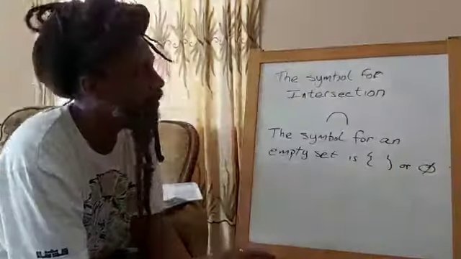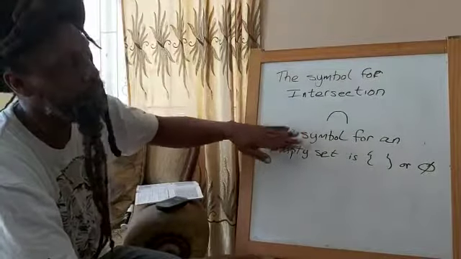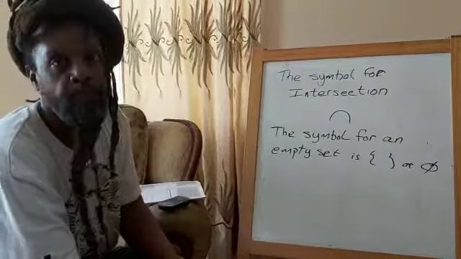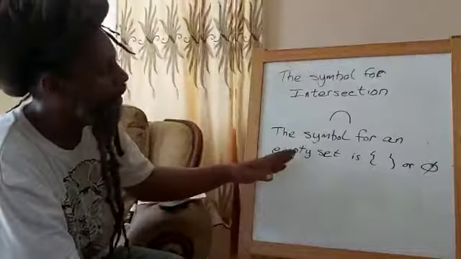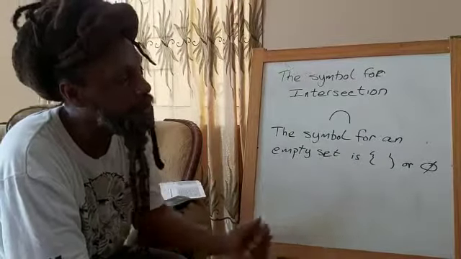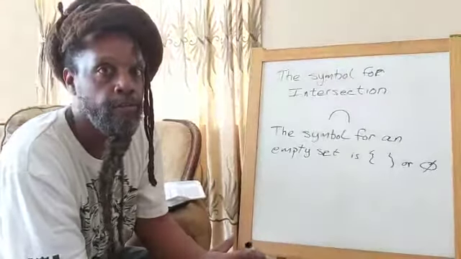So make a note of that. The symbol for the intersection, the opposite to the union, upside down looks like an N or upside down U, whatever you want. And the symbol for an empty set is the empty brackets or the zero with the line through it.